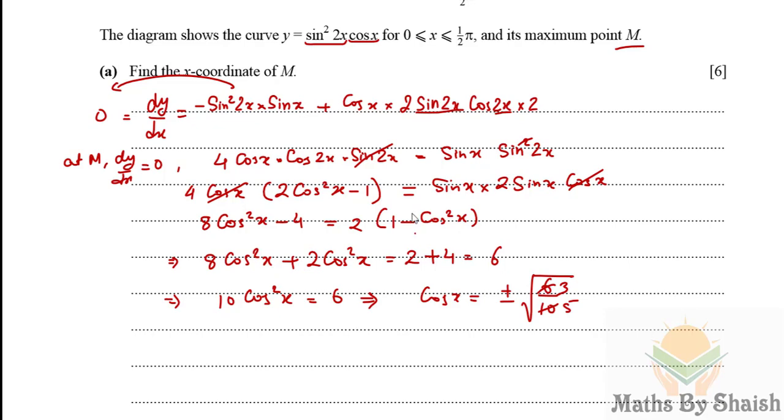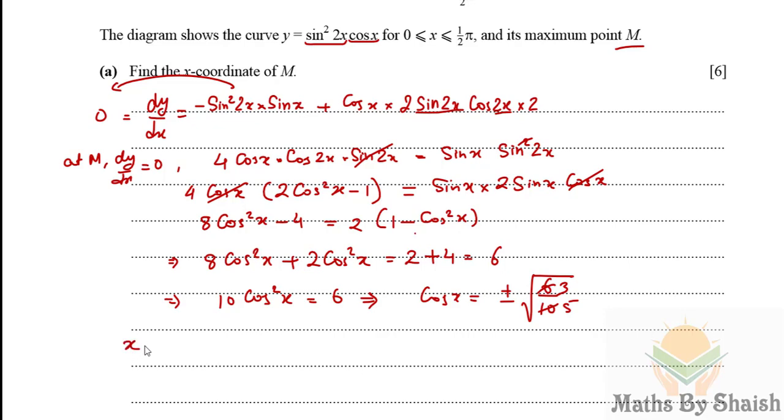Now we can see between 0 and π/2, cos is never going to be negative, so we can remove this minus sign and only take the positive one.